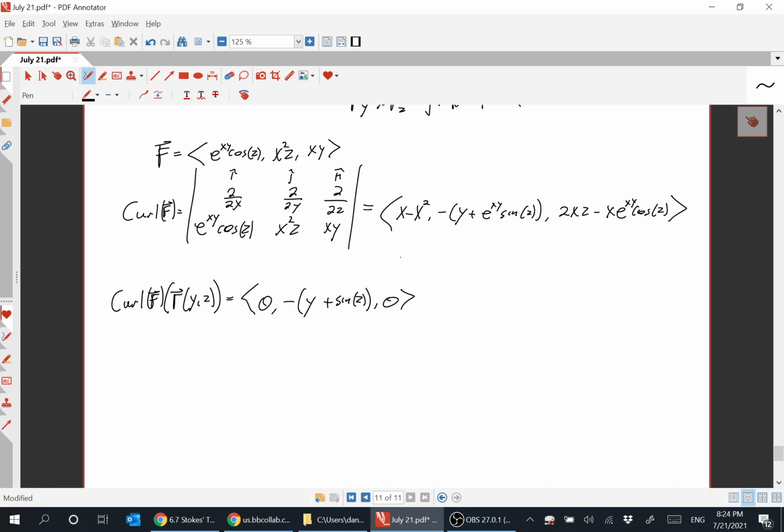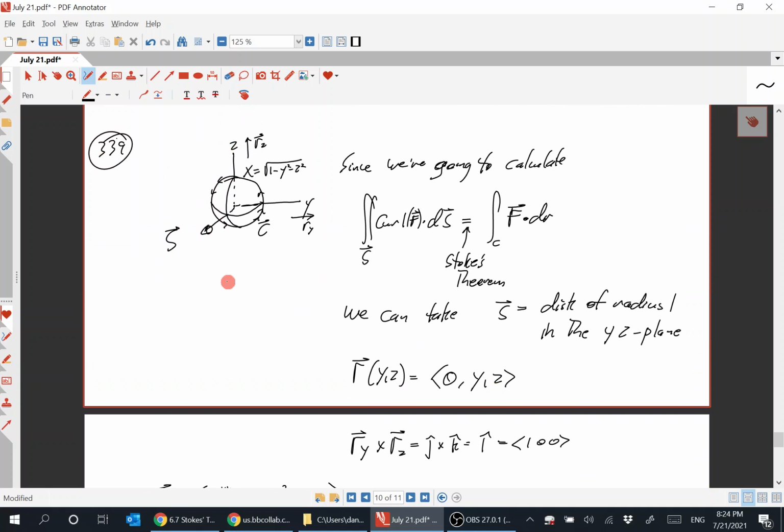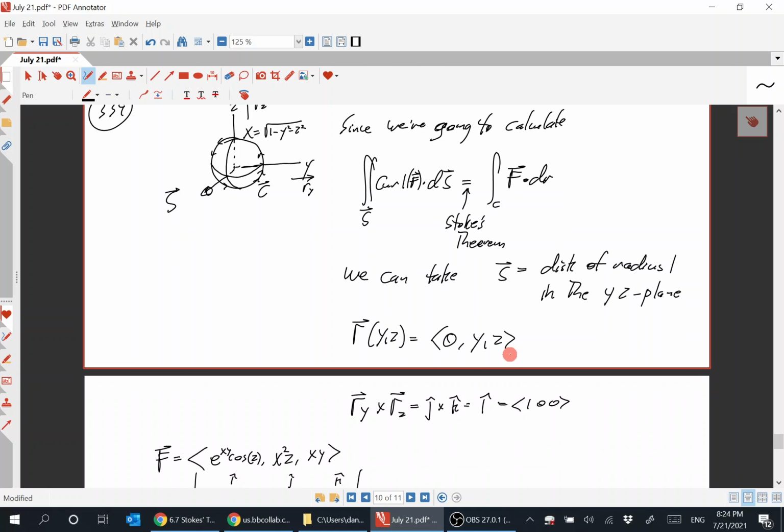So the flux of curl of f dot dS, where S, this is equal to the double integral over R. And what's R? R is the disk of radius 1.